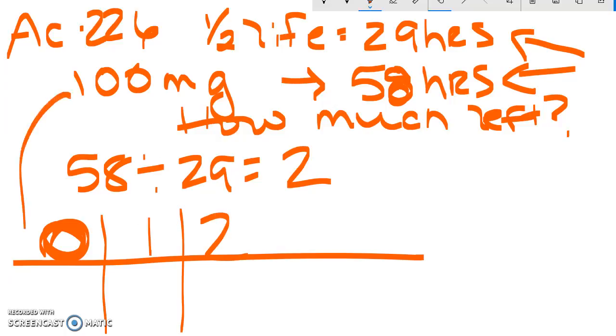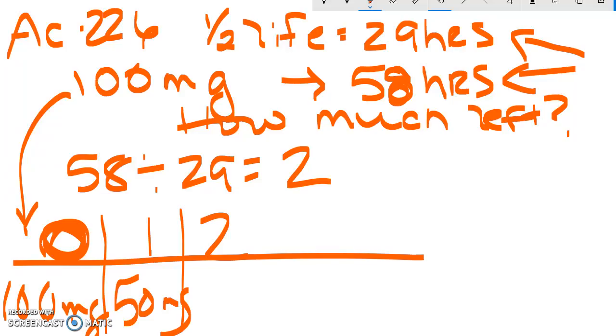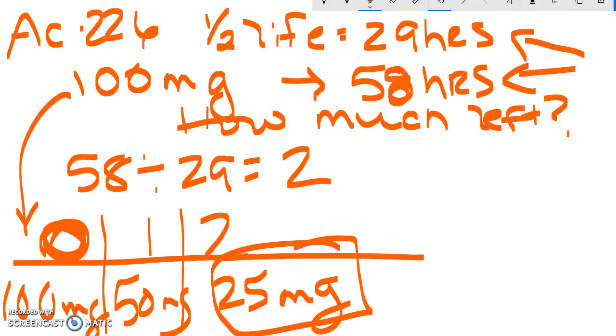My original sample is 100 milligrams. Half of that, the first half-life, would be 50 milligrams. And then the second half-life would be 25 milligrams left. So that is how many you have left.